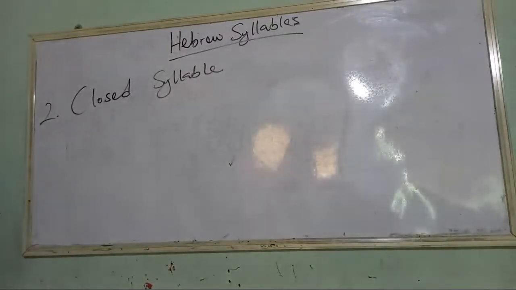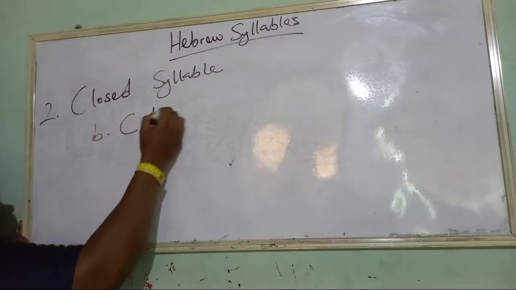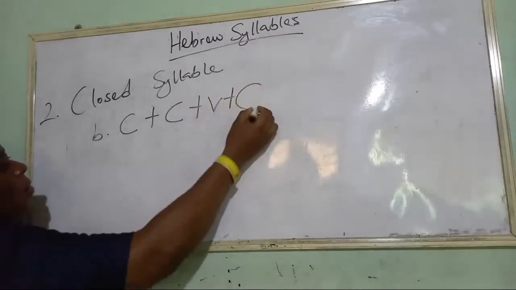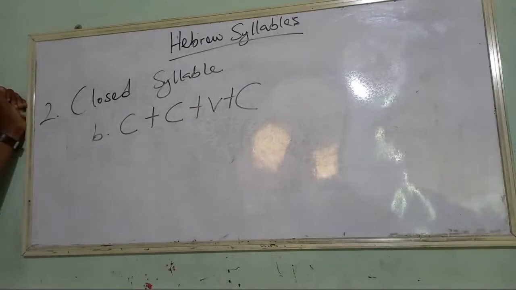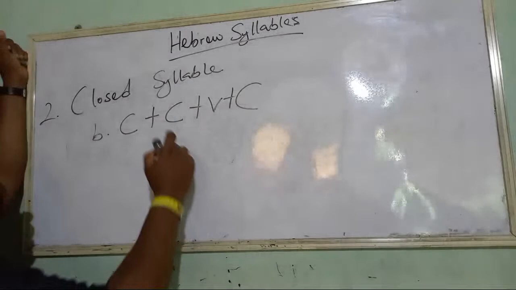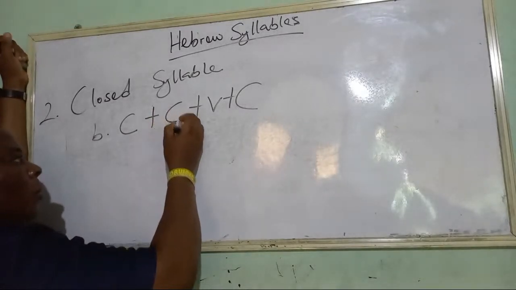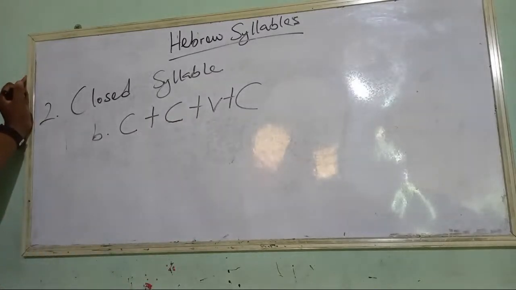The second clue is that it will have the pattern of consonant plus vowel plus consonant, and you will have this pattern when there is a presence of a half vowel in that syllable.